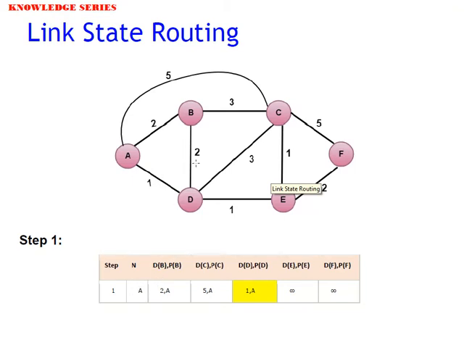So it is 2, and what is the previous node that is being assigned to B? B is indicating here the source, and with respect to the source B, what is the previous node?